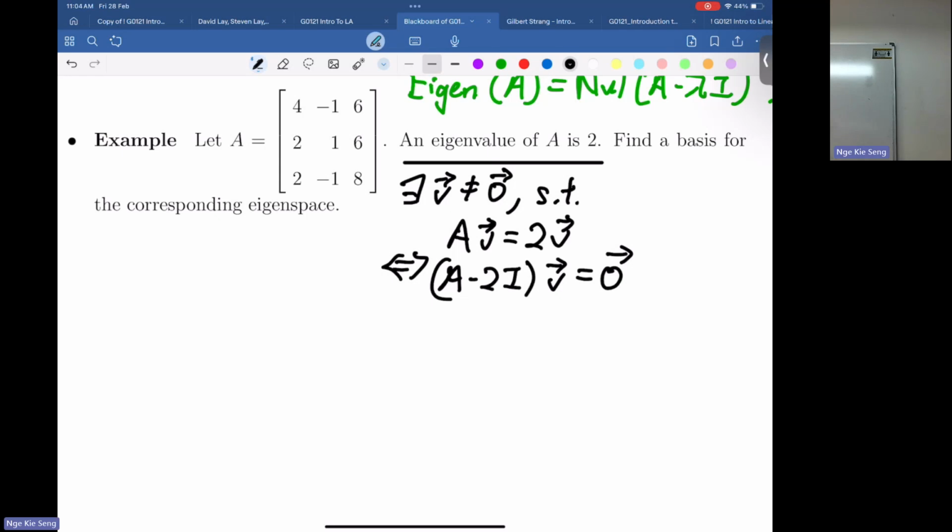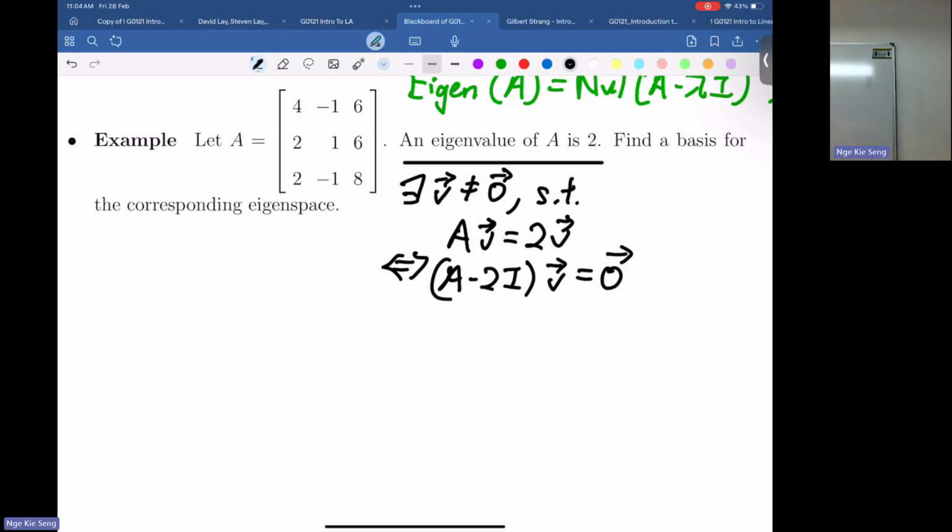So you might ask, hey, why? As long as there is a solution to this homogeneous linear system, it will form a subspace. Why? First, it is the null space of a matrix.